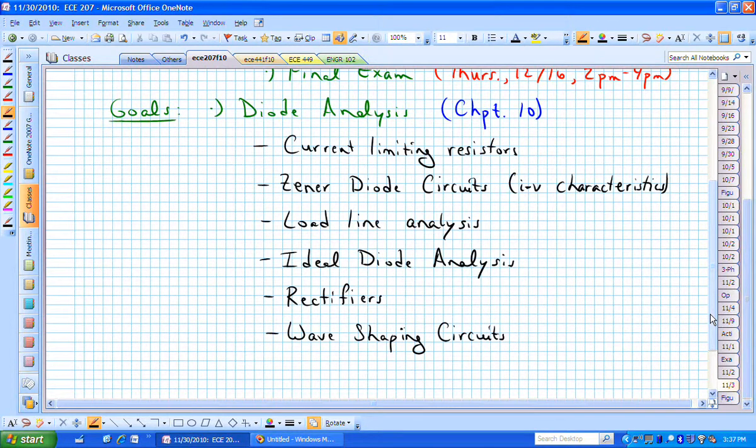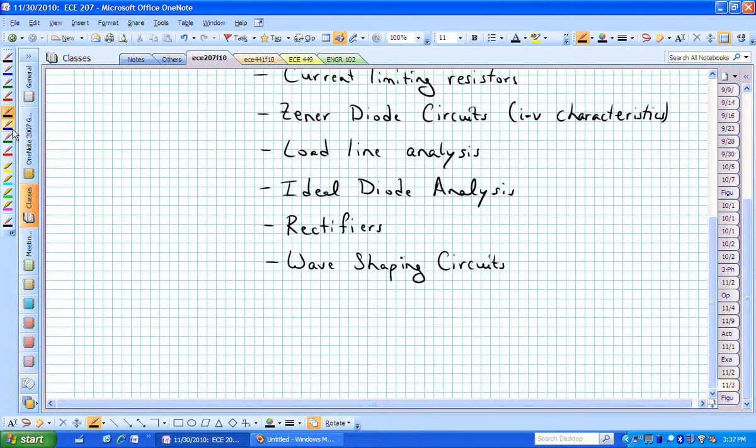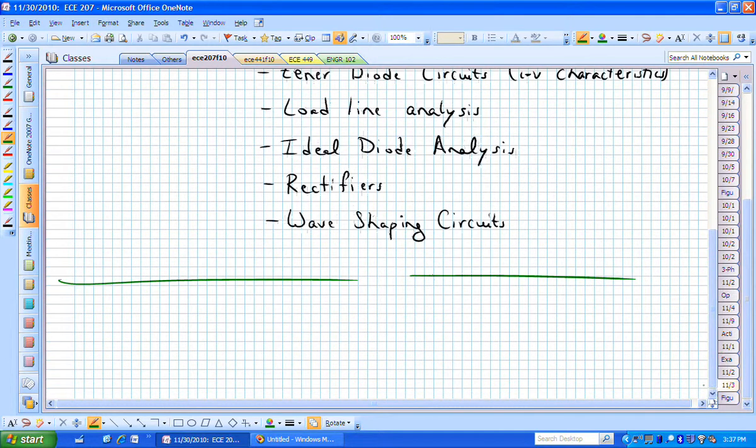That's what you can create by putting some of these diodes into certain circuits. You can also make wave shaping circuits, and we'll talk about that if time permits. And those are the topics that we'll be dealing with, mainly the load line analysis and some rectifier examples.